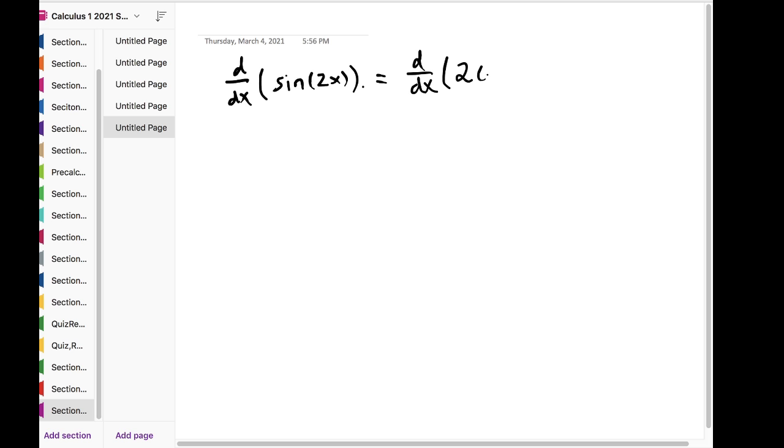Okay, let's do the derivative of sine of 2x. How do we do this with only using the rules that we know? Good, yeah, knowing the double angle formula: 2 sine of x cosine of x.